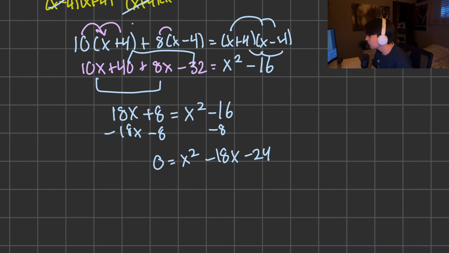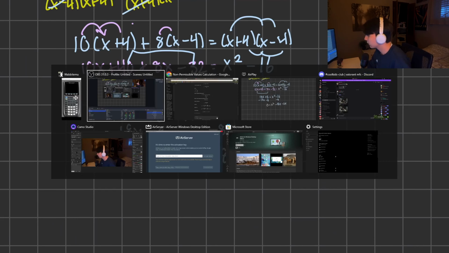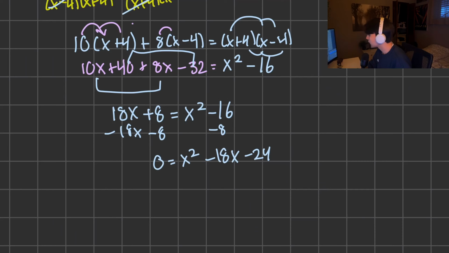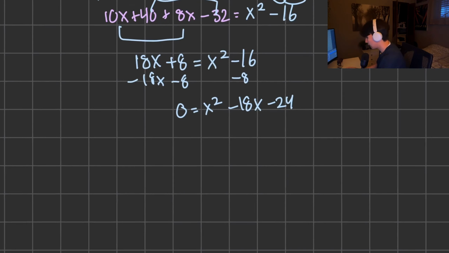so for this one we're going to be using our quadratic formula. It's going to be A, B, C, and we're just going to plug it into our quadratic formula.